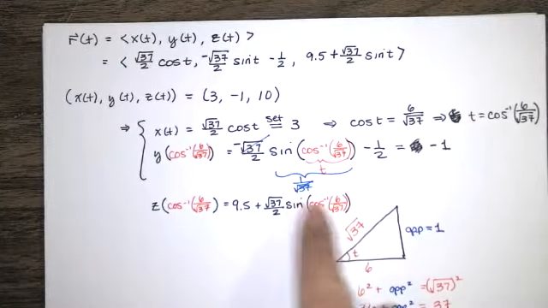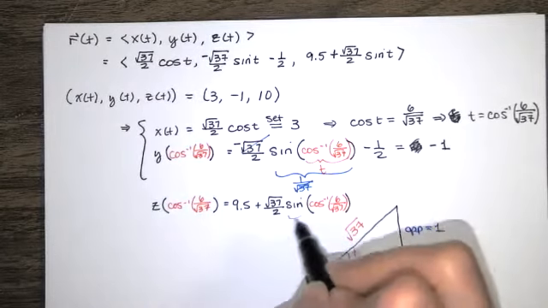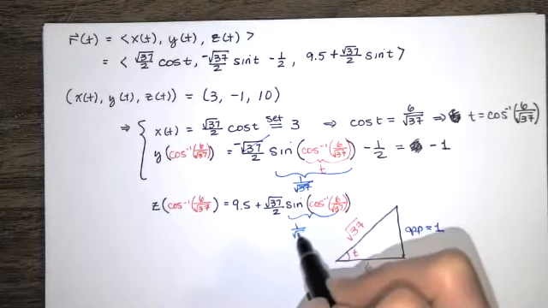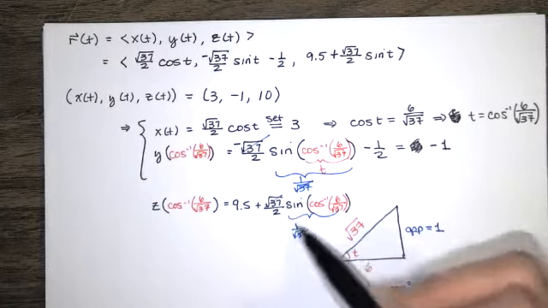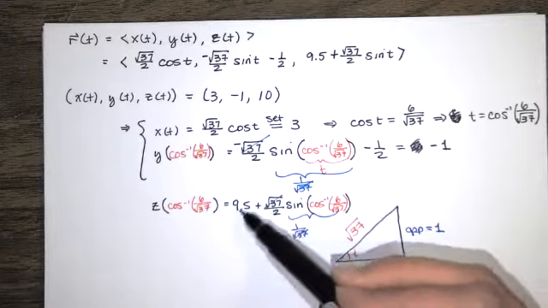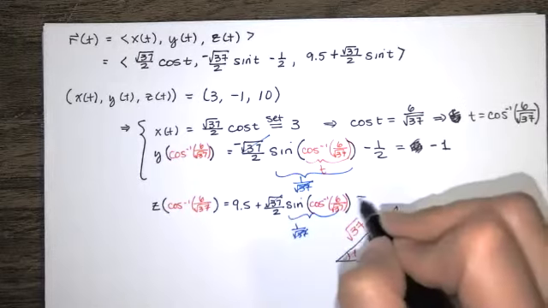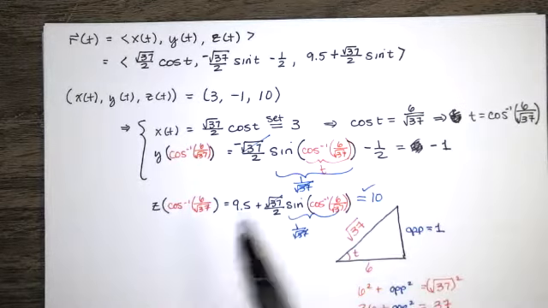And again, that's t. Sine of t turned out to be 1 over square root of 37 using this triangle. When you multiply these together, the square roots of 37 reduce, and you end up with 9.5 plus 1/2, which is 10, which is what we wanted.